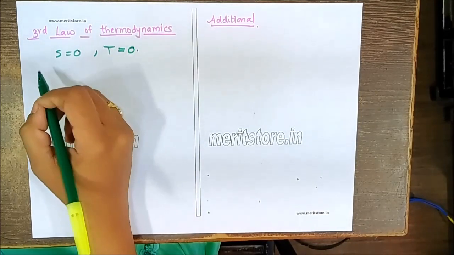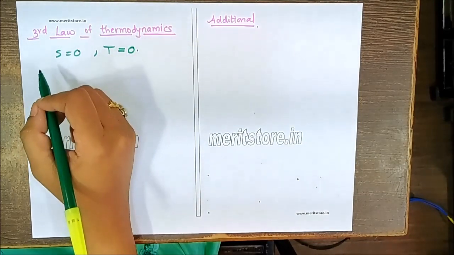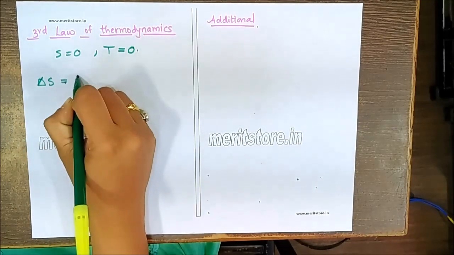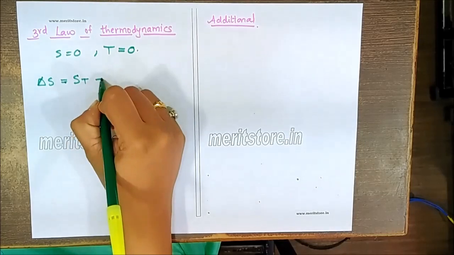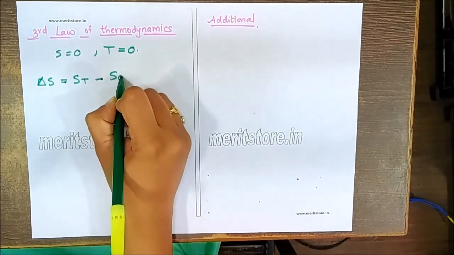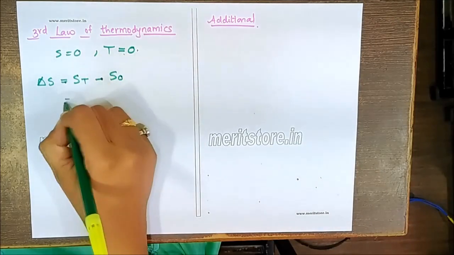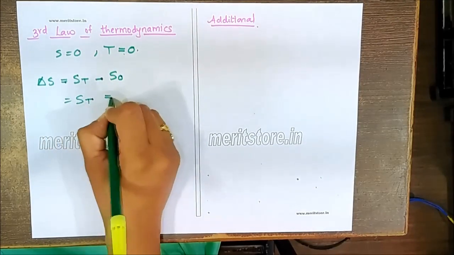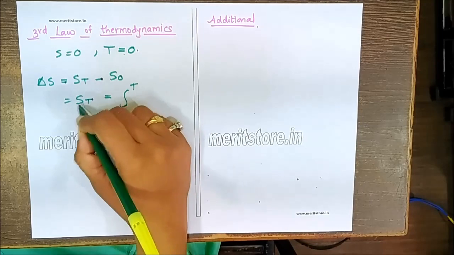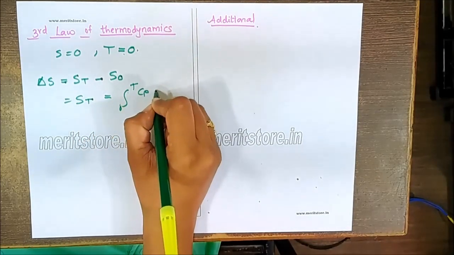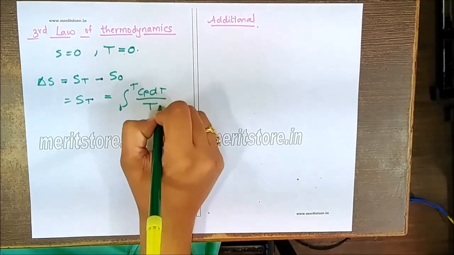So it's important, it allows us to determine the absolute entropy of the system, because delta S is equal to S at that particular temperature minus S0. But S0 is 0. At 0 Kelvin S is 0, that's why that is equal to just ST. So that's the entropy of the system at that temperature. So this is the integral of Cp dT upon T.